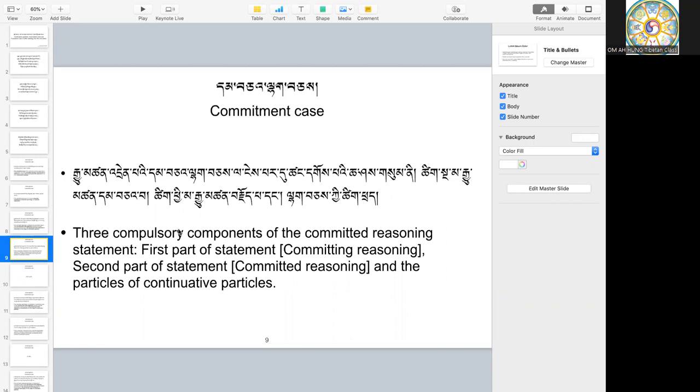Any of the three continuative particles could be used here. It depends on the suffix letter. It follows a name on the basis of suffix letters.